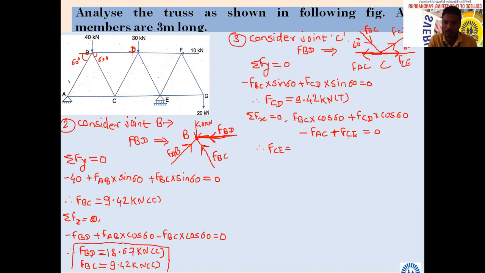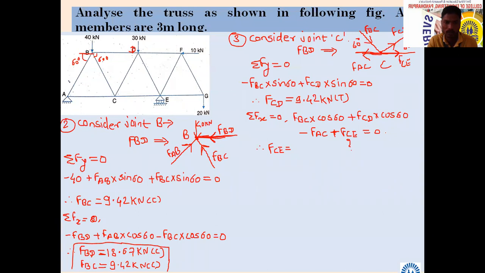Calculate. All other forces are known, only one is unknown, that is FCE. What I will do, I will take the other side, suppose FCE, so as it is, you can calculate. FBC is how much? 9.42. 9.42 into cos 60 plus FCD is how much? 9.42 cos 60 minus FAC.